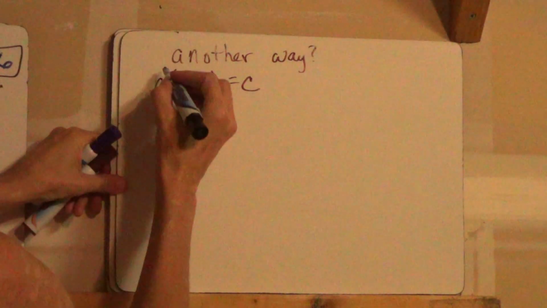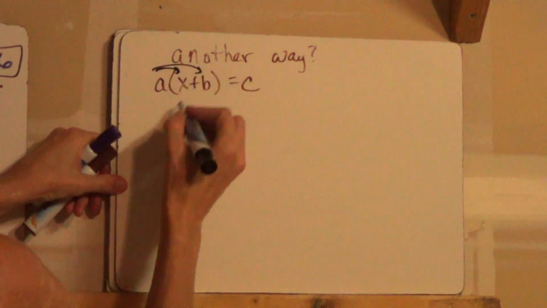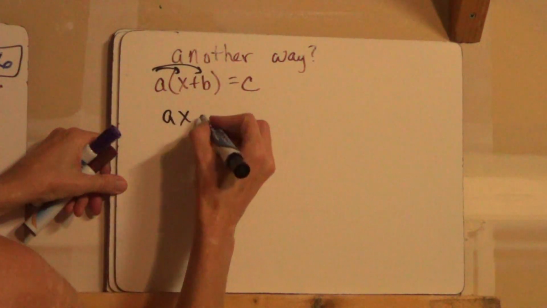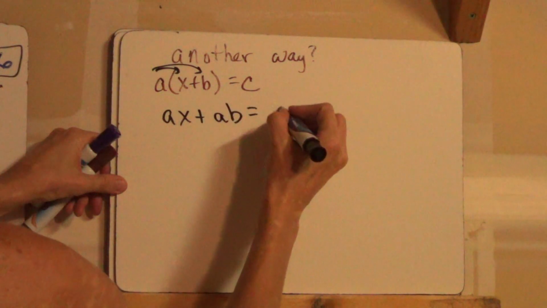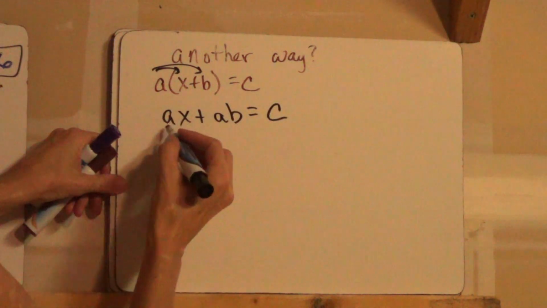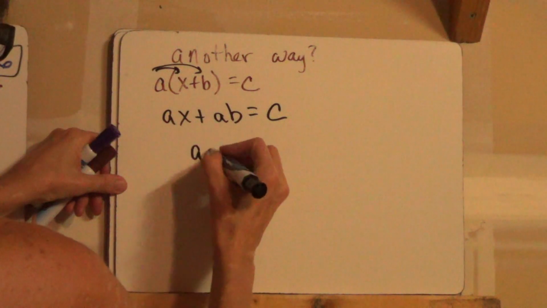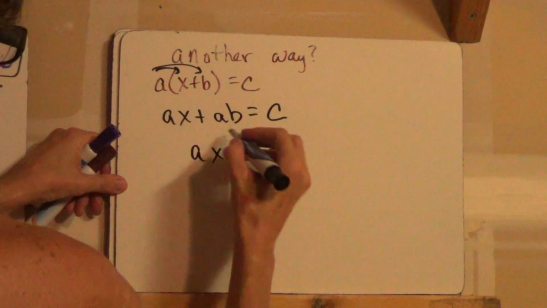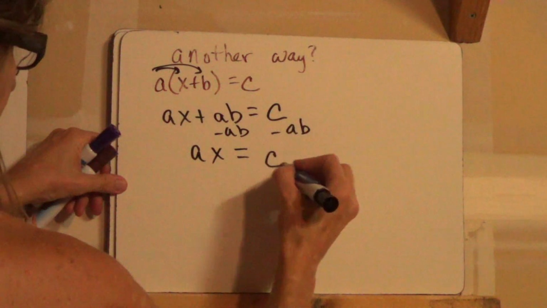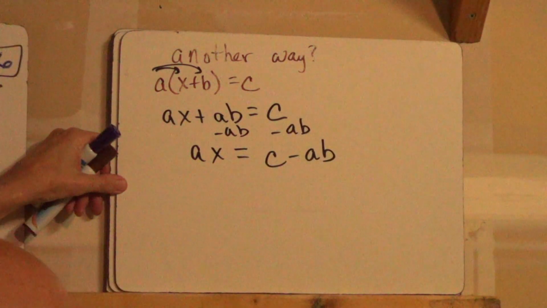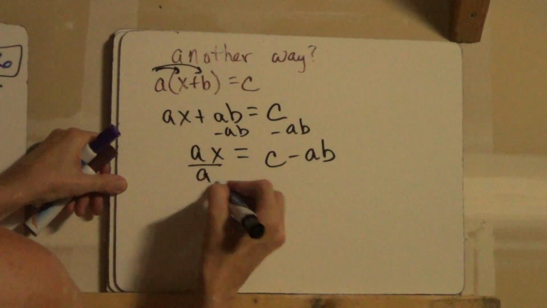Okay, now another way to do that, I said a minute ago, if you distributed, that would be fine. You would take a times x plus a times b equals c. Now we isolate the x terms, so we would have ax equals, subtract ab from each side, c minus ab. Now we divide by a.